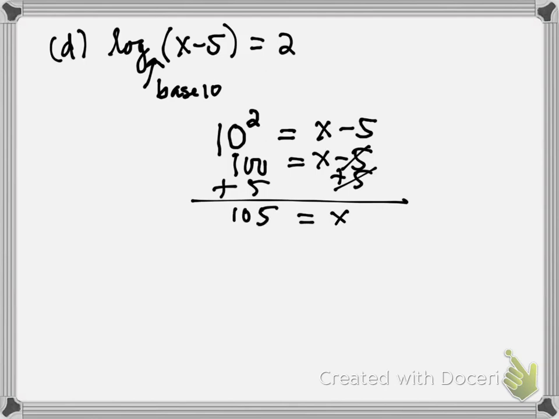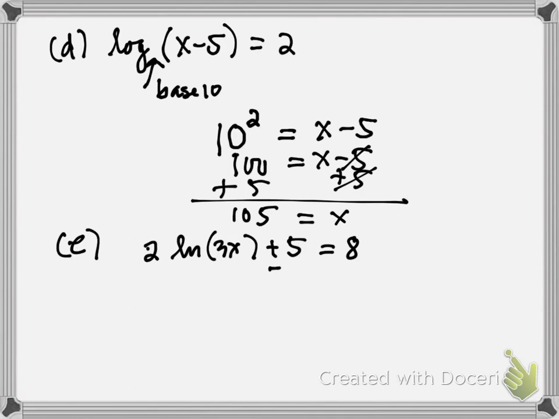You're done. Now e. Let's see if I can fit e here. 2 ln 3x plus 5 equals 8. Oh, I did this in class. Anyway, I'm just going to do this again. So I see a 3x there inside that ln. So I will try to clear out all the other numbers there, to isolate that ln 3x.